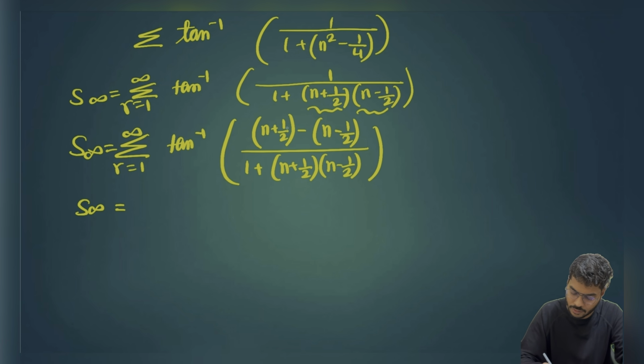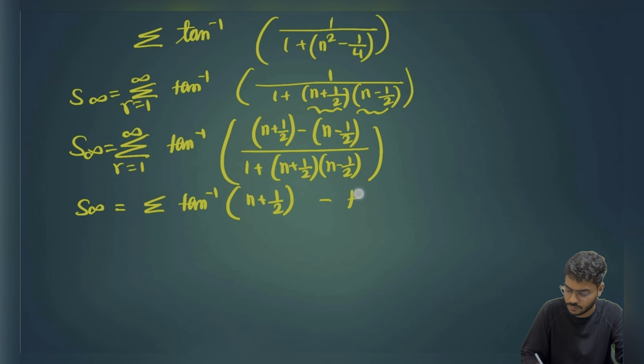Check, n cancels out, 1 by 2 plus 1 by 2 is 1. So I created a difference method. I will get tan inverse of n plus 1 by 2 minus tan inverse of n minus 1 by 2.